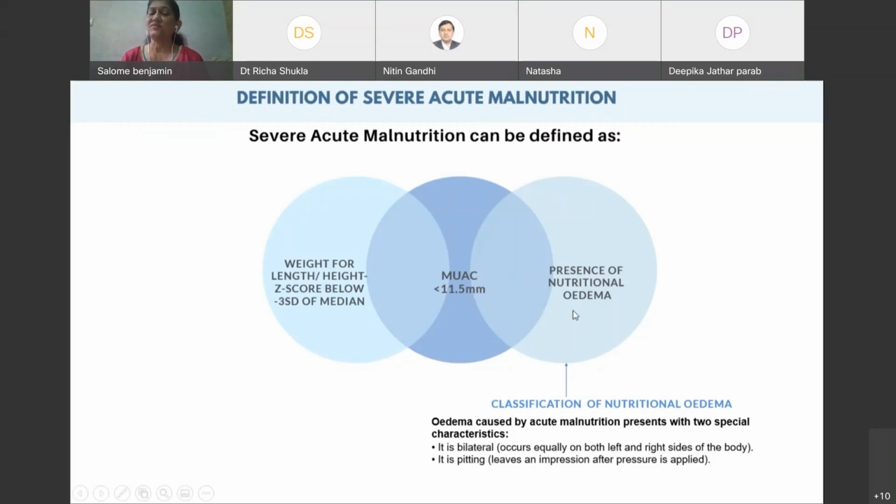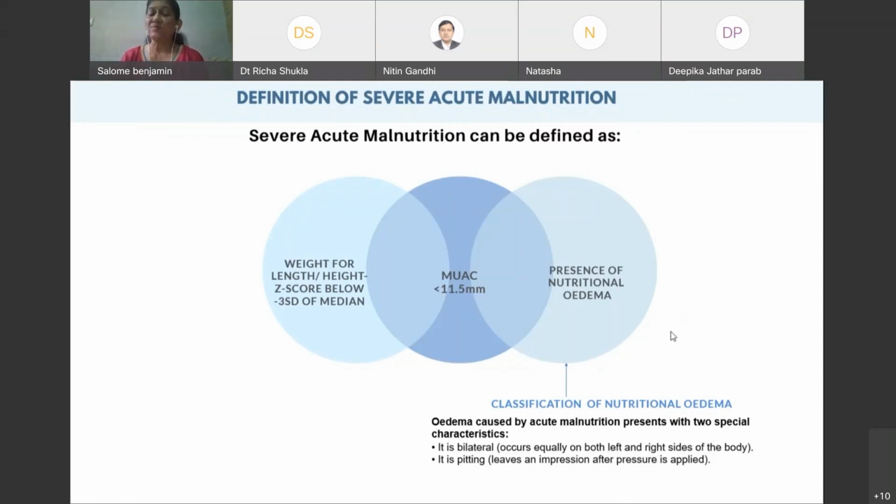Then the presence of nutritional edema, that is bilateral pitting edema, we need to examine. We are in the 21st century. Every nutritionist and dietitian must learn to do nutrition focused clinical examination, and that applies even to severe acute malnutrition.